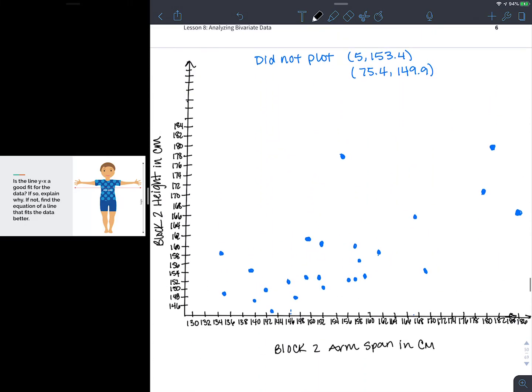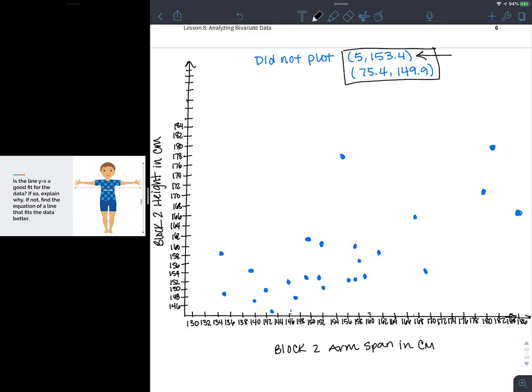Okay, so here is my block 2's class, which shows their arm span in centimeters to their height in centimeters. And there were actually two values I decided not to plot as part of my data. And the reason being is, one, this first one, I believe that there was an error in typing in the arm span of being 5.